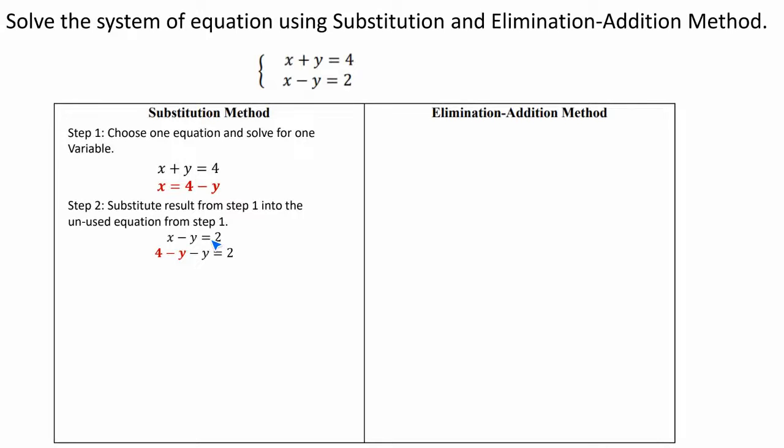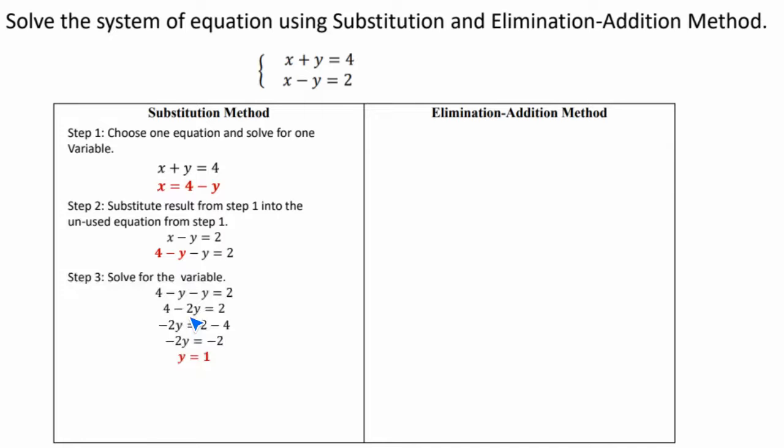Wherever I see an x, I know that x is equal to 4 minus y, so I replace it with 4 minus y. Then I have minus y is equal to 2. If we simplify, we go to step 3, solve for the variable. Negative y minus y is negative 2y.